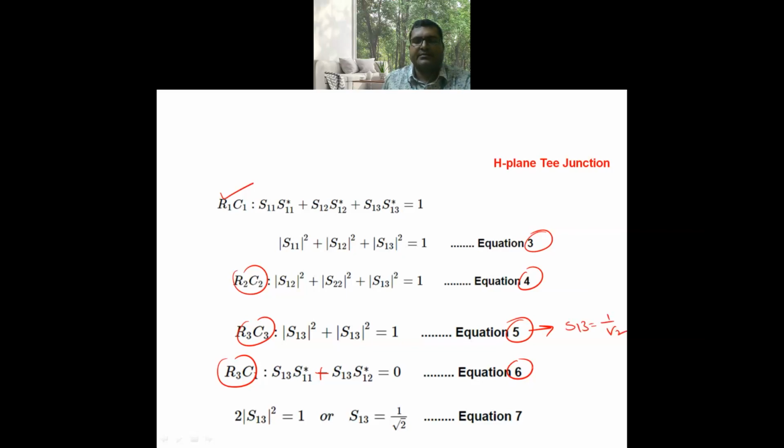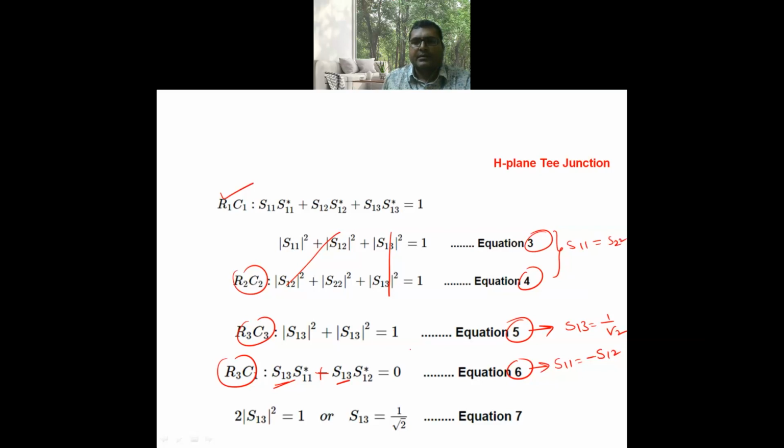And from this, this particular term is not equal to 0. So S11 is equal to minus of S12. By comparing these two, we get equation 11, S11 as S22.